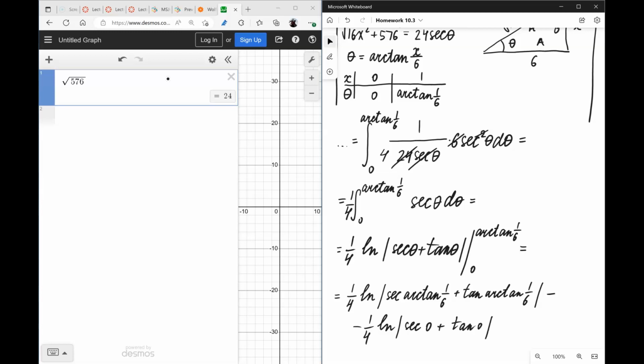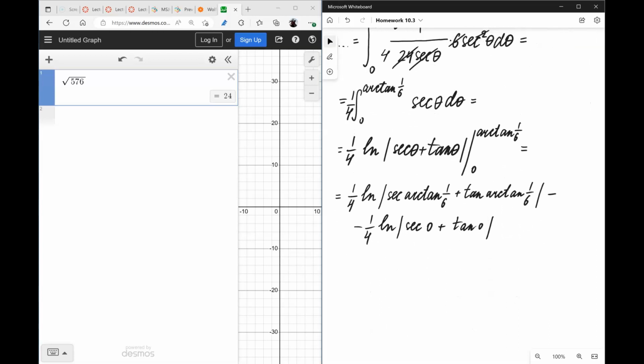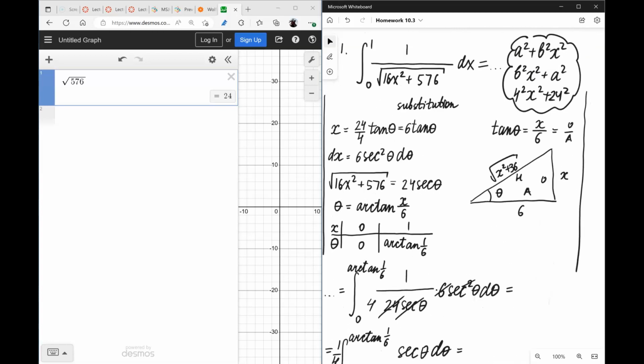Tan of 0 is 0, secant of 0 is 1, ln of 1 is 0. So we don't have to worry about the second part of this expression, but we still need to figure out secant of arctan. Well, tan of arctan of 1/6 is just 1/6. But what is the secant of arctan?